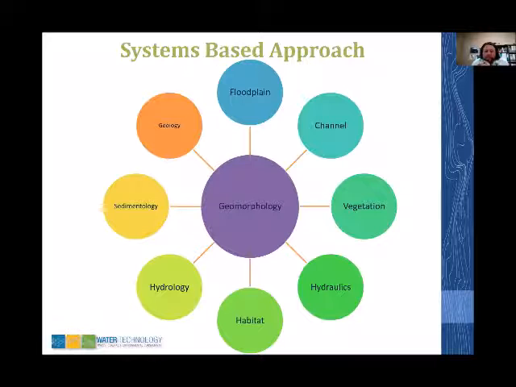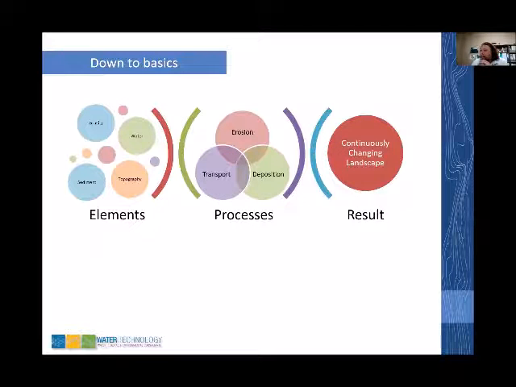In its simplest form, we're combining the interaction of gravity and water that allows the movement of sediment, which influences the formation of topography. That leads to erosion and deposition processes, and also sediment transport processes, so sediment moving through a system. The end result of that is a continuously changing landscape.